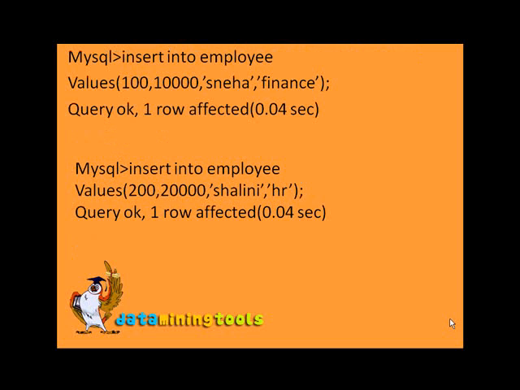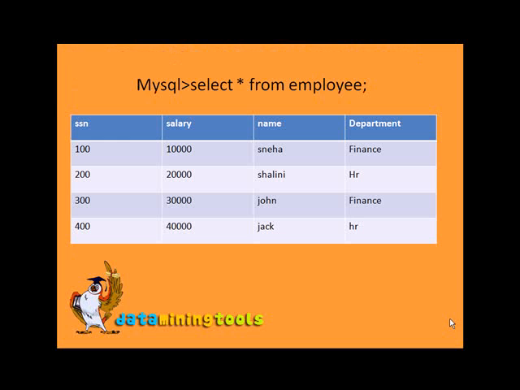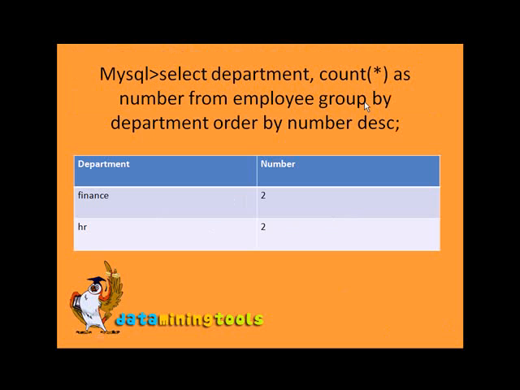Let's insert values inside this employee data table using the insert command. So when we display the table using select command, we get this table. Let's run some of the queries on this database.